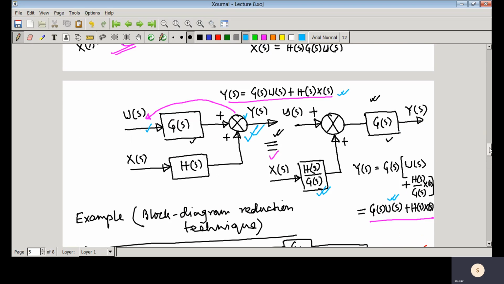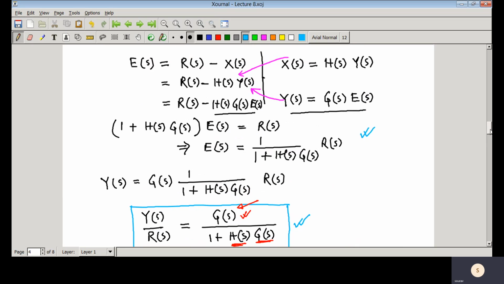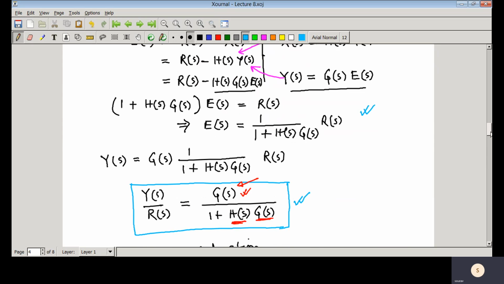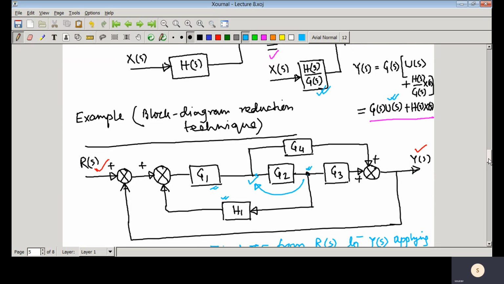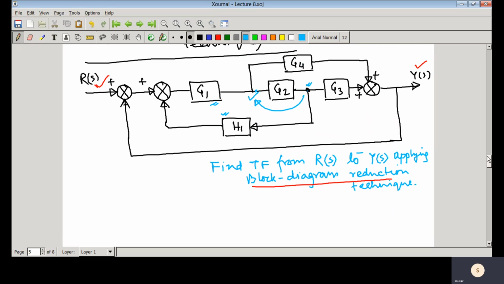So then directly we can apply this particular transfer function because it will come into this particular structure. So the first simplification is, so you need to show all the steps here.